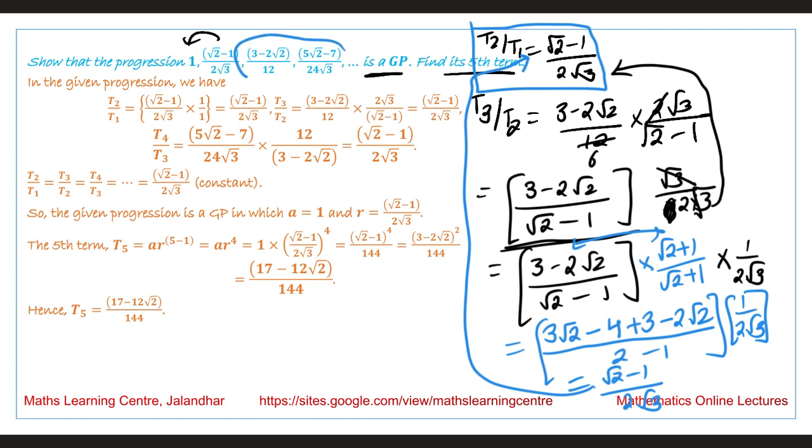Similarly, if we calculate the ratio of these two terms, we will obtain the same answer, root 2 minus 1 by 2 root 3.